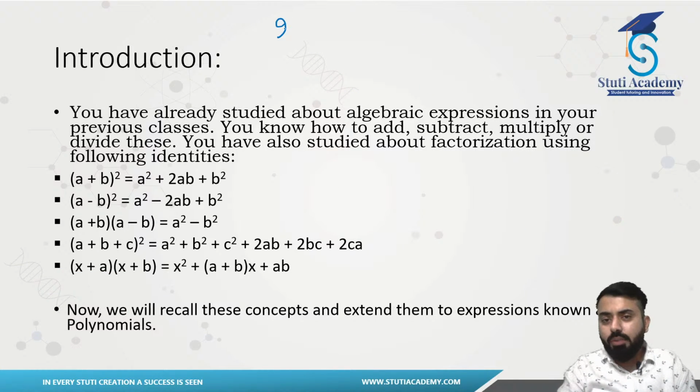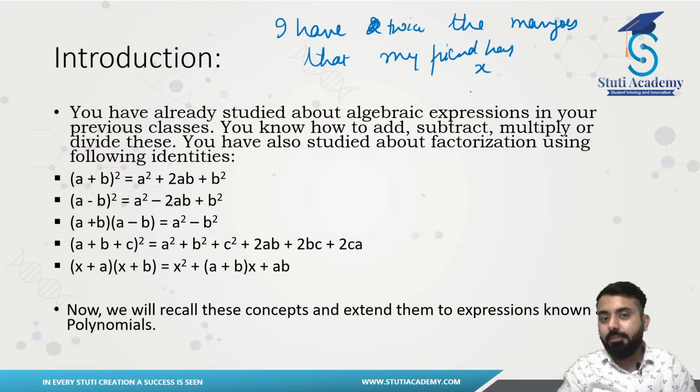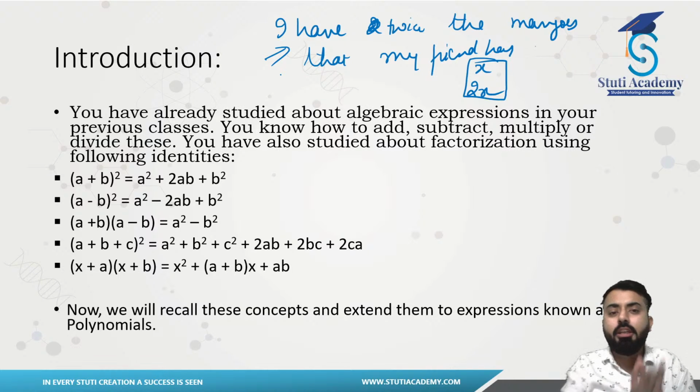Let's say I tell you I have twice the mangoes that my friend has. This means if my friend has x mangoes, I will be having twice of that. That means 2x. So this is generally a written expression of whatever statement you are given. It is just the written expression of the statement that is given to you.